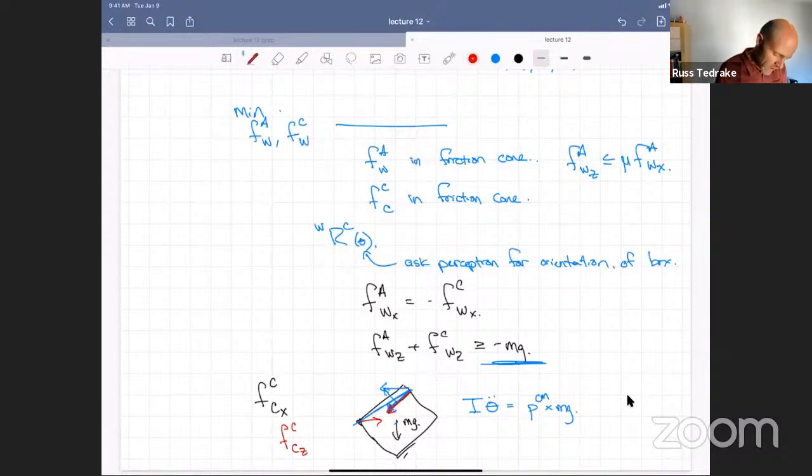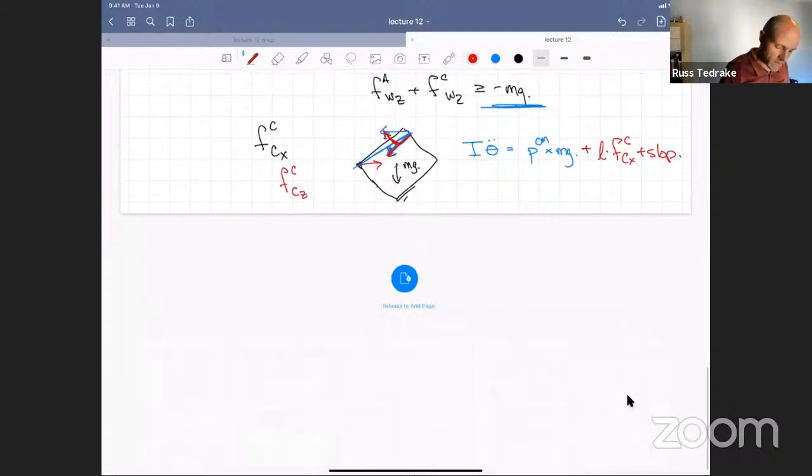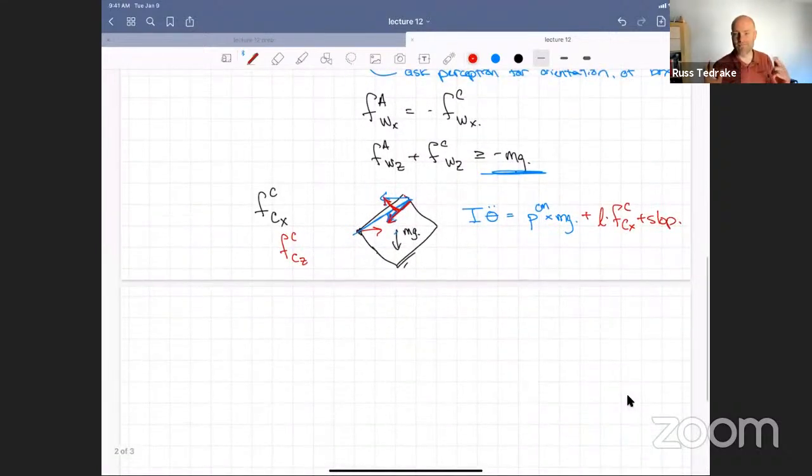What I care about here is designing this controller so that it roughly servos my system up into the desired orientation. So this is almost providing a pure moment, some length times F_C x, plus some slop terms. I'm just going to put a PD controller on F_C x and let it overcome all those slop terms.